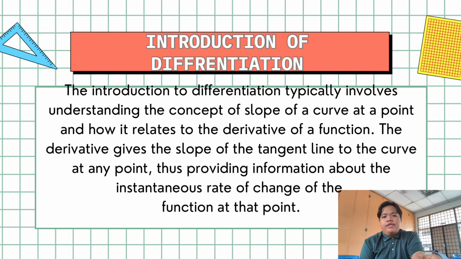The derivative gives the slope of the tangent line to the curve at any point, thus providing information about the instantaneous rate of change of the function at that point.